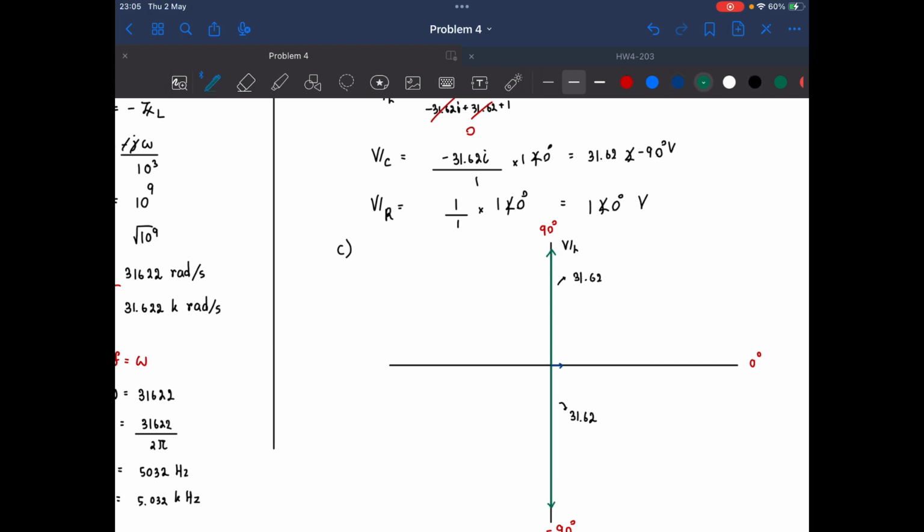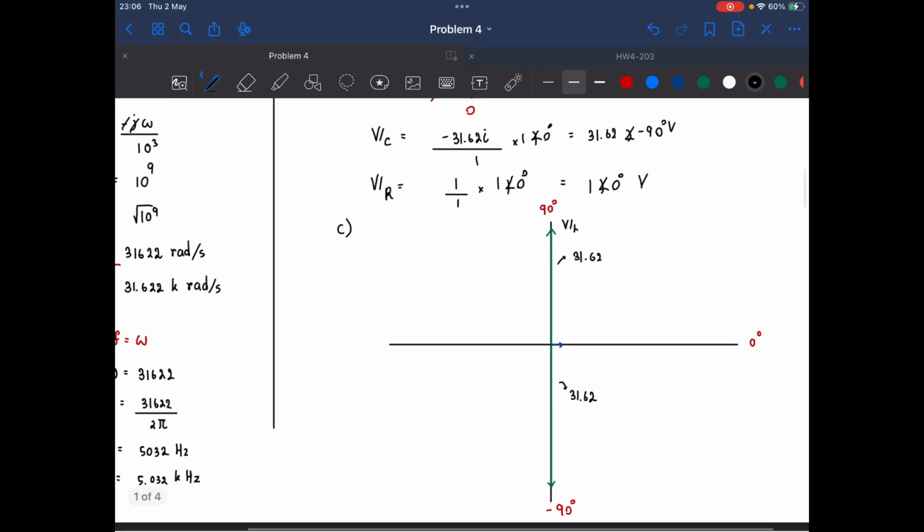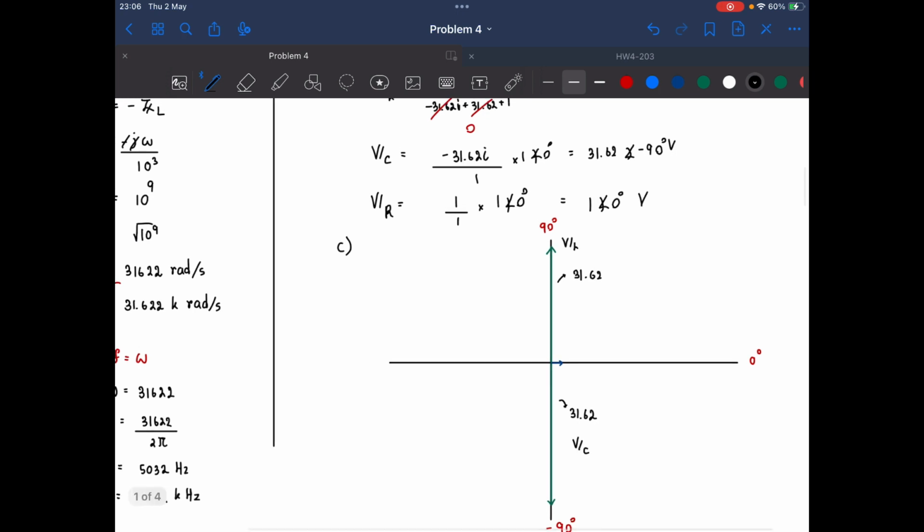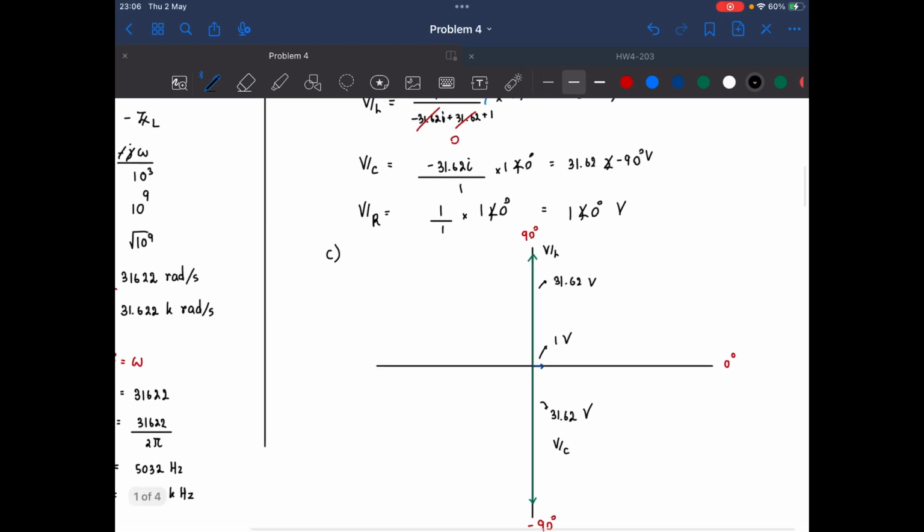And we know here that the VR has a phasor of 0 and a magnitude of 1 volt. And that's all for this question.